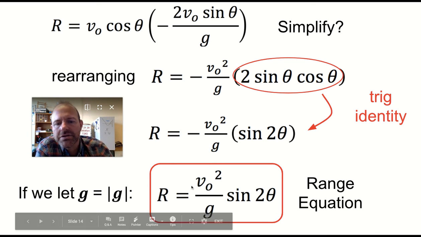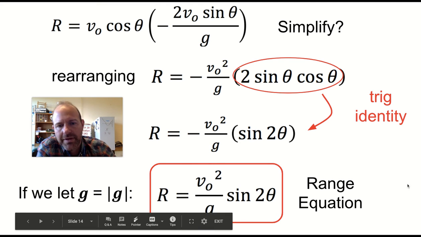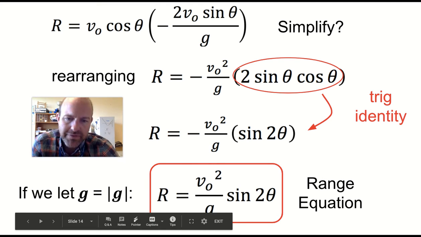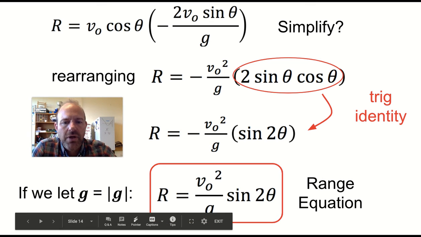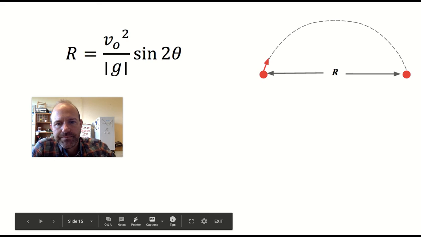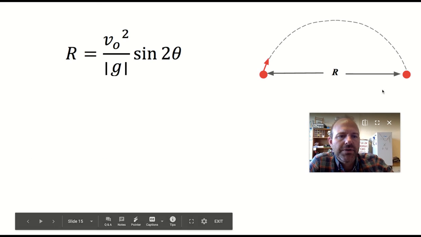So if you know the initial velocity, you know you're on a planet with a constant acceleration due to gravity, in this case little g for Earth, and you know the angle that you launch at, you can make some predictions. There are some really interesting results of this, though.